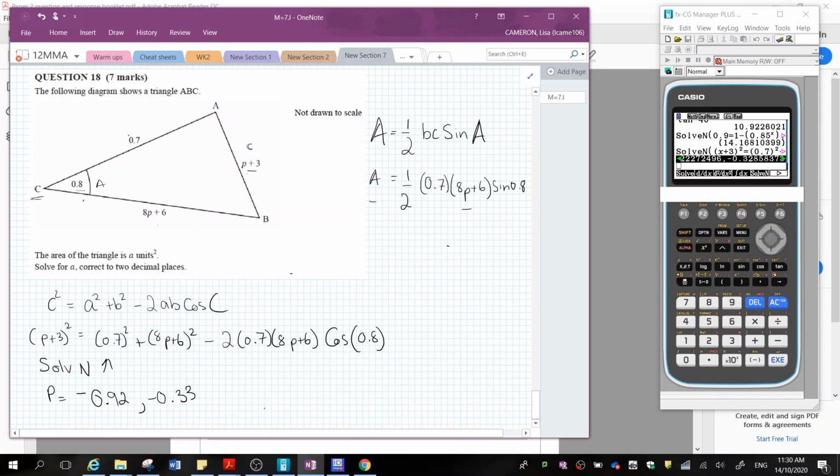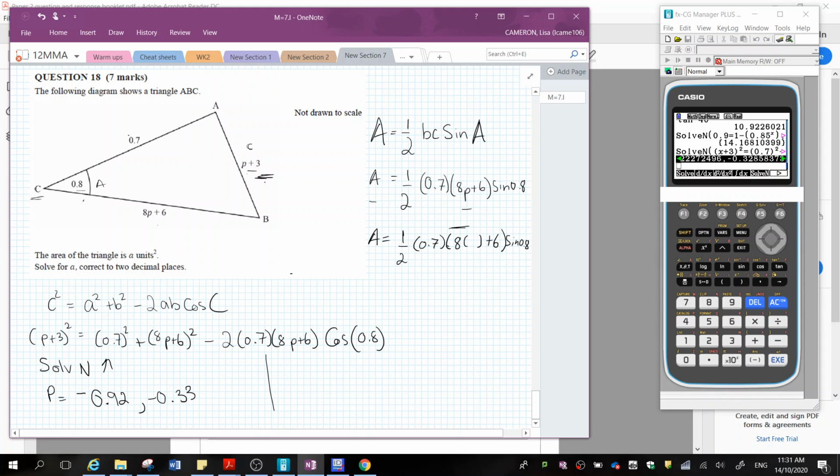The problem with that is only one of them will actually give us a logical solution. So now we have to test which p we're going to put back up in here to work out what our area is equal to. Eventually, in the calculator, I'm going to write this statement, and it's going to spit me out the answer. So either the number that we're substituting in that step is going to be this one or that one. We're going to test both cases so that you can see what would happen.